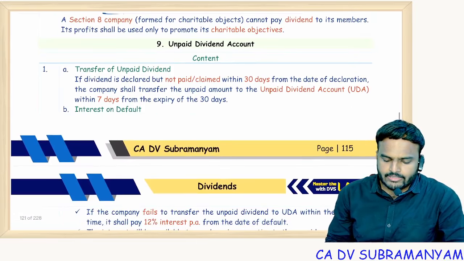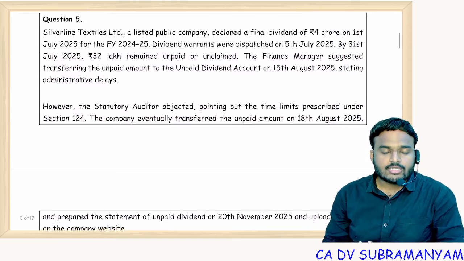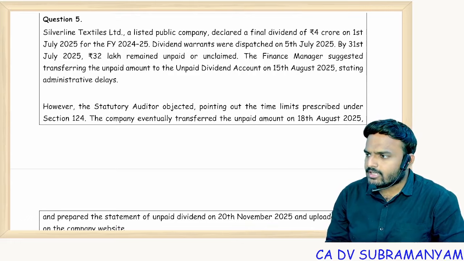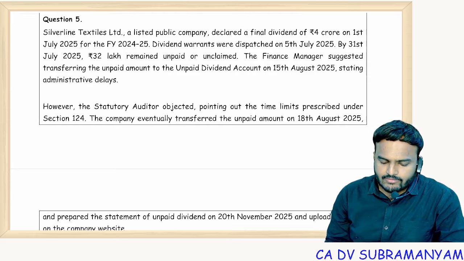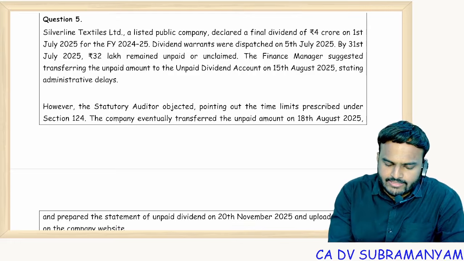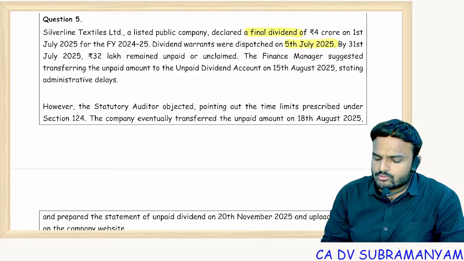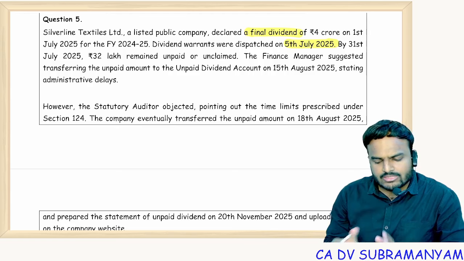Next one, unpaid dividend account. Transfer of unpaid dividends. Let's see the question. Silverline Textiles Limited, a listed public company, declared a final dividend of 4 crores on 1st July 2025 for the financial year 24-25. Dividend warrants were dispatched on 5th July 2025. Actually, dividend warrants must be dispatched within 30 days.